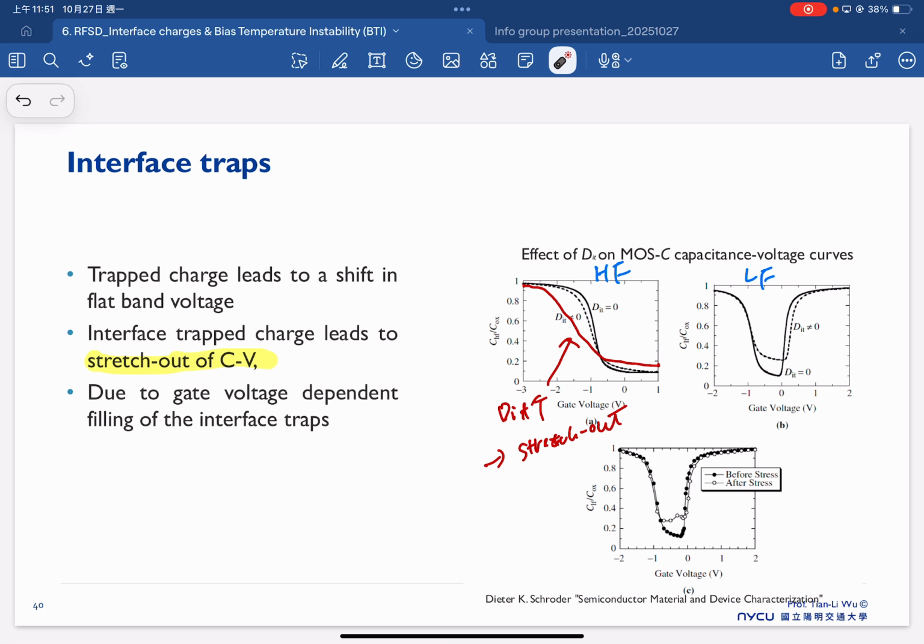You see the black one is before, the empty dot is after. That means after the stress, the CV curve changes. That's also due to the DIT increase. So anyhow, CV is a very useful method to look at how the interface state changes.